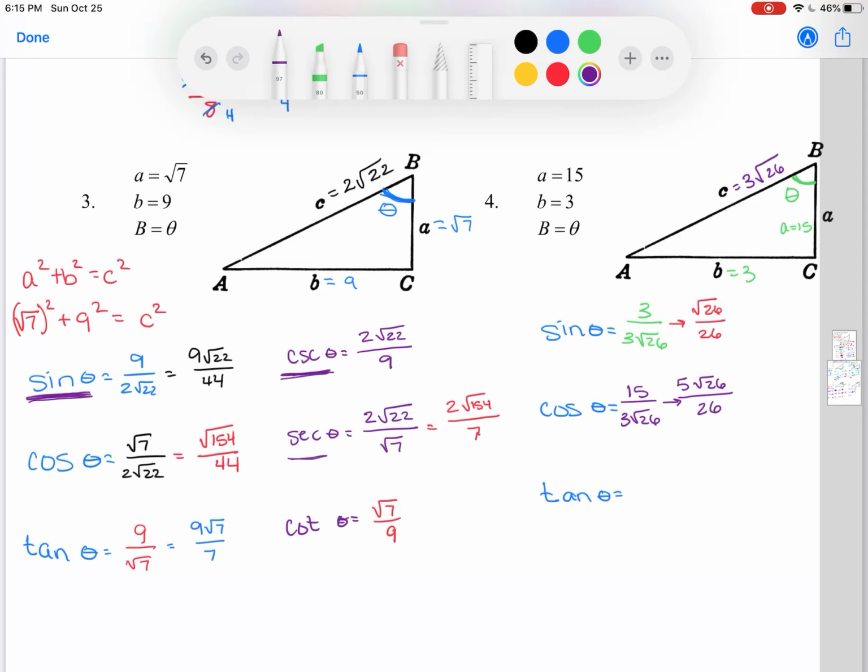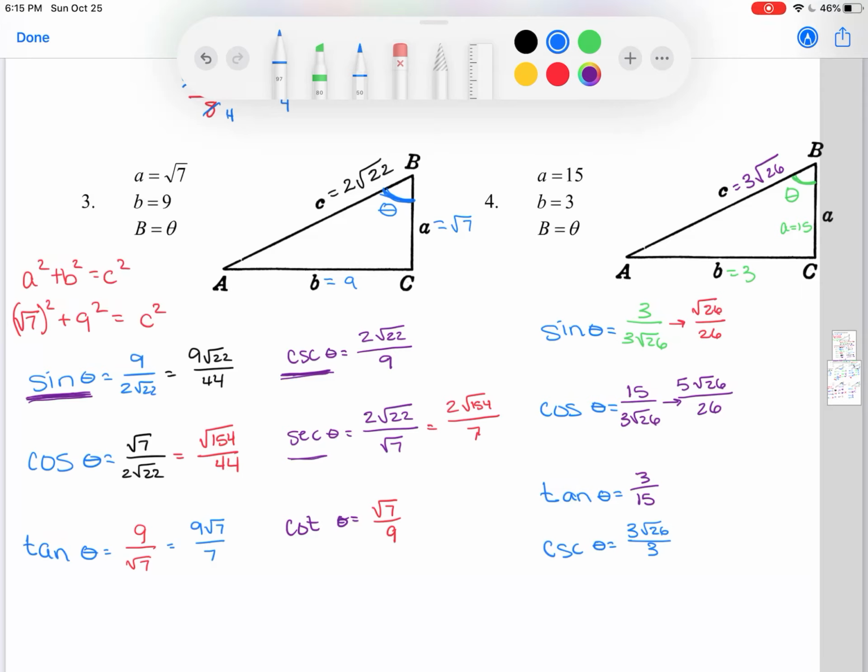Cosine of theta, I have 15 as my adjacent, divided by 3 root 26. The simplified version when I do that is going to be the square root of 26. Oops, sorry. Yep, it has a 5 with it. Sorry, had to think on that for a second. And then 26 is in the denominator. So I have 5 root 26 divided by 26 as my simplified answer. And then tangent is a nice number to work with. It's just 3 over 15, opposite divided by adjacent.